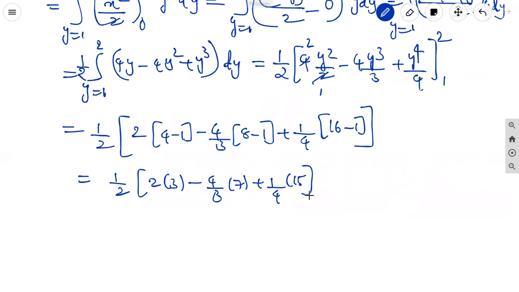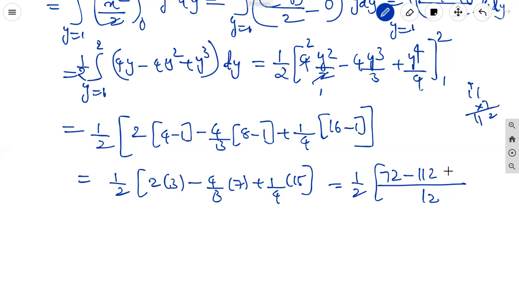Taking the LCM, 4 threes are 12, so 12 is the LCM. 3 twos are 6, 12 sixes are 72, minus 4 fours are 16, 16 sevens are 112, 15 threes are 45.